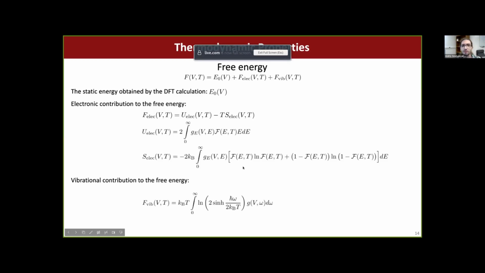So the second part of my talk will be about how to get other thermodynamic properties, like you might be interested in the bulk modulus or thermal expansion. For that, you need to calculate the free energy. Once you have the free energy of your system as a function of volume and temperature, you basically know everything you need to define all of the thermodynamic properties of interest.